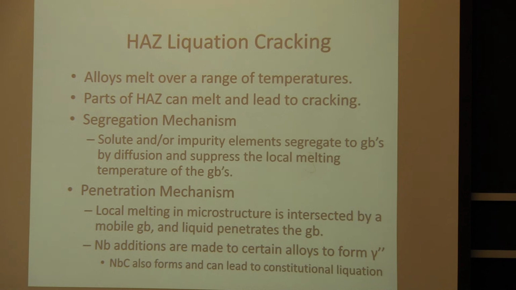And so in the heat affected zone, if you've got these lower melting phases along the grain boundaries, or you've just got that liquid plus solid region on the phase diagram, you can actually end up melting part of that heat affected zone.